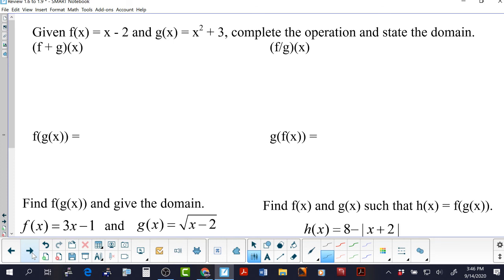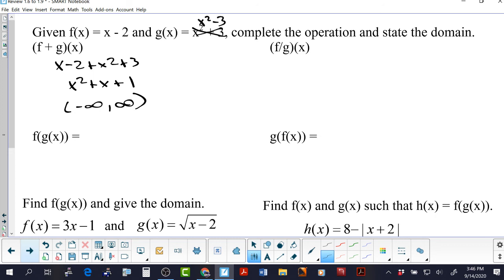Given f of x is x minus 2 and g of x is x squared plus 3, complete the operation and state the domain. So f plus g. X squared plus x plus 1, then negative infinity to infinity would be the domain. So f over g, and I want to make this -3 to make it a little bit more interesting.